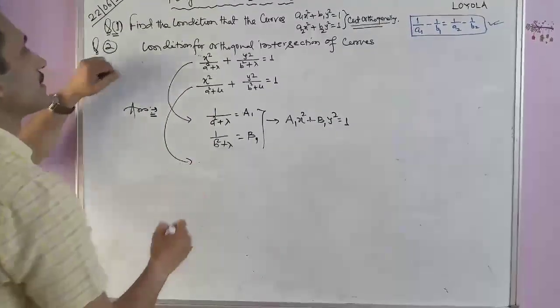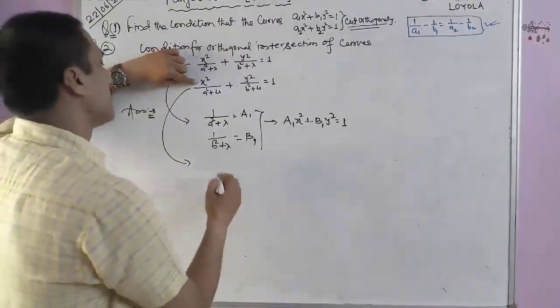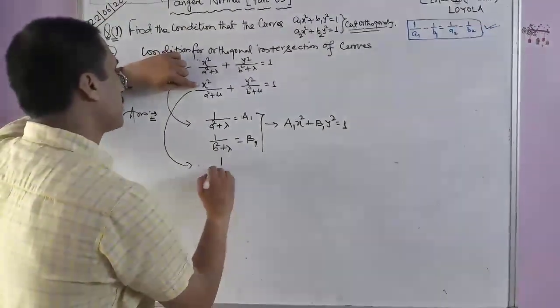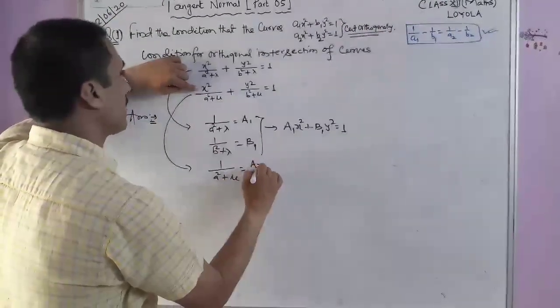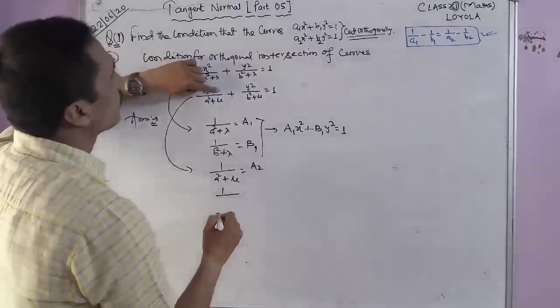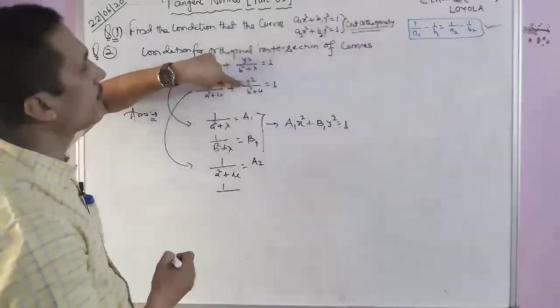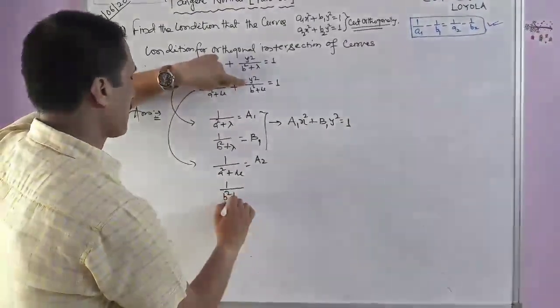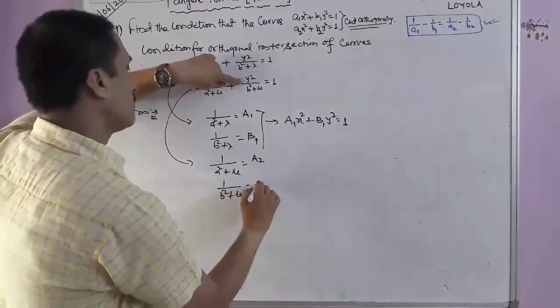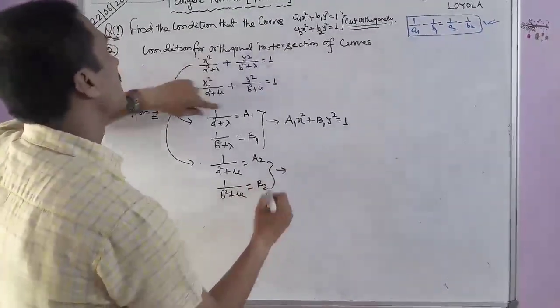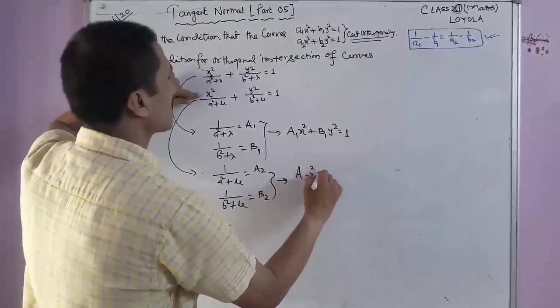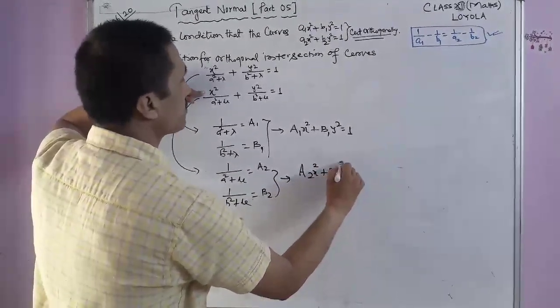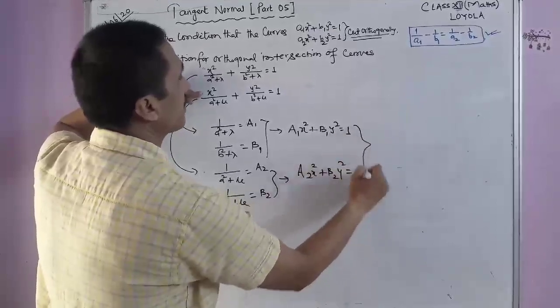Similarly, in the second equation, assuming the coefficient of x square, 1 upon a square plus mu, equal to a2 and the coefficient of y square, 1 upon b square plus mu, equal to b2, the second equation reduces to a2 x square plus b2 y square equal to 1.